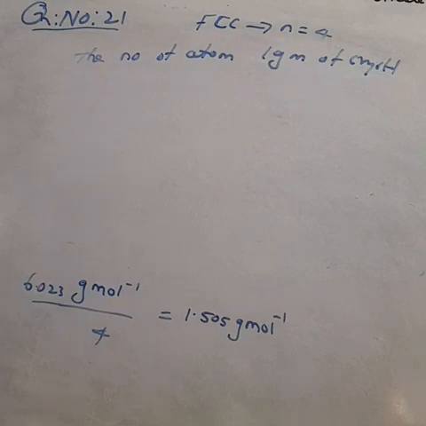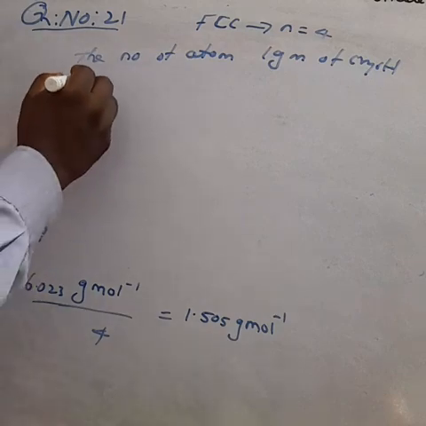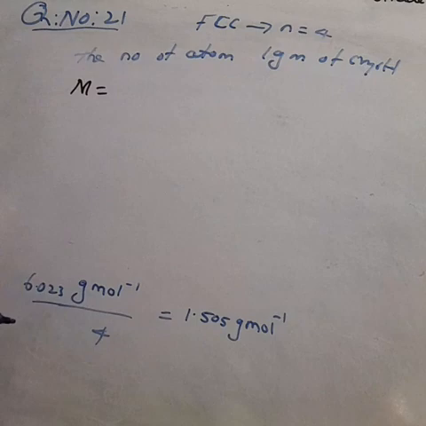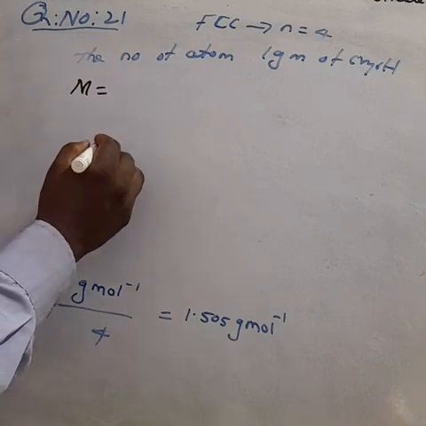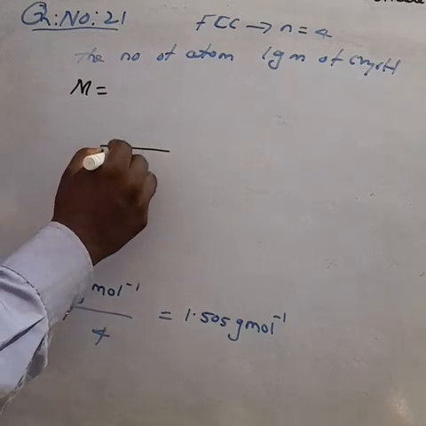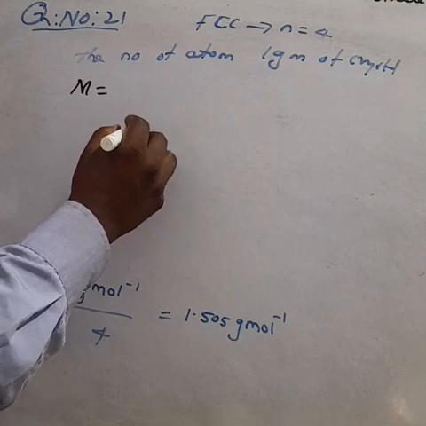Here, now we find the value of M, the molar mass. Whenever you are writing this question, the molar mass in the standard is given, so you write it below, and 1 gram you write up.